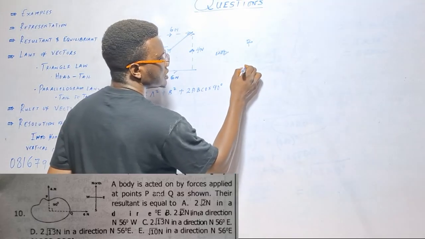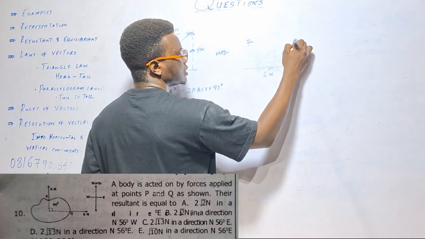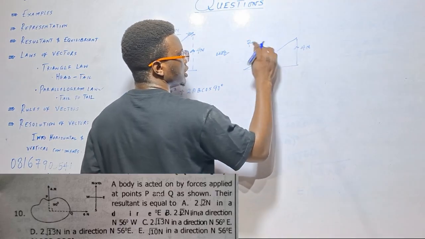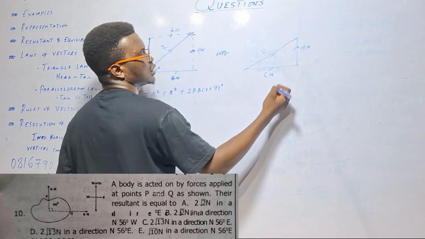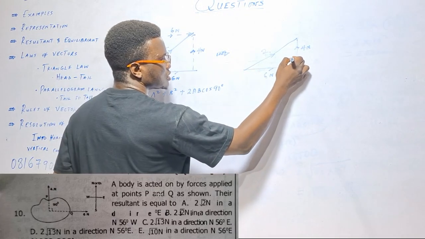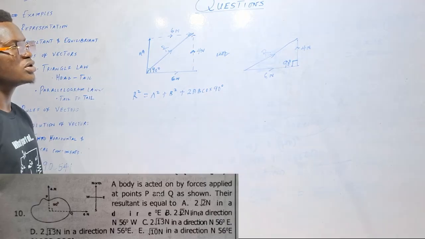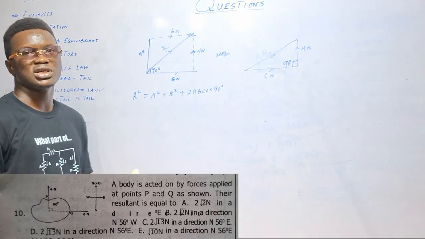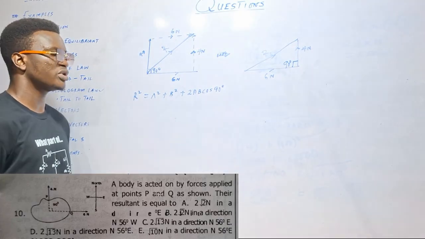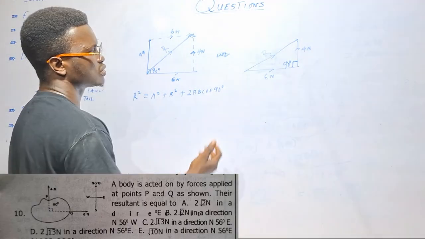So we have the 6 Newton, then we have the 4 Newton, then we have the resultant between them. These are perpendicular, so this is still 90 degrees. They are perpendicular to each other, so that is now forming a triangle. It's just like saying the same thing but in a different way. So let's look at how we're going to solve this. You should know how to solve that, I guess.